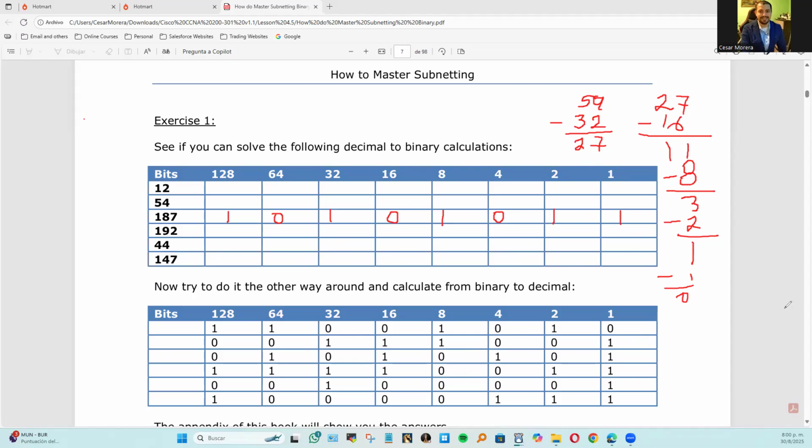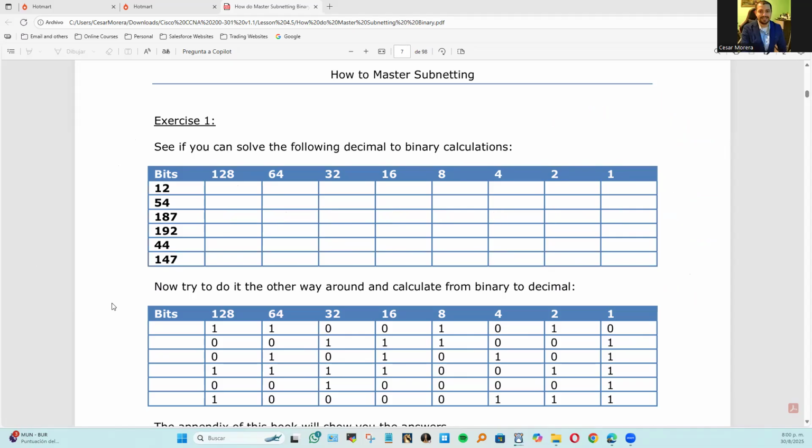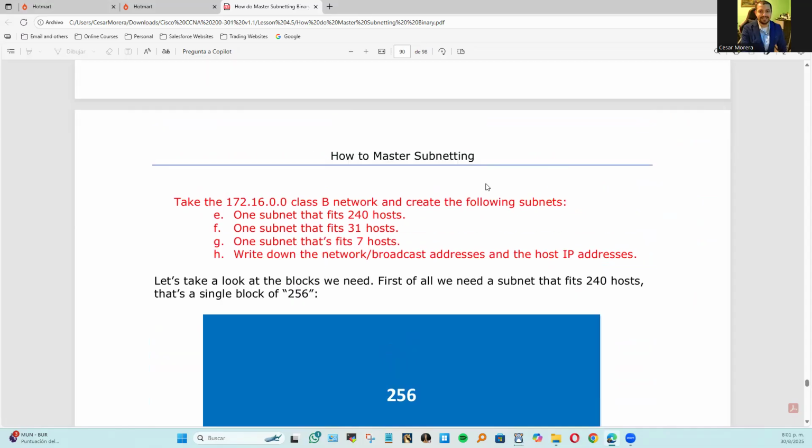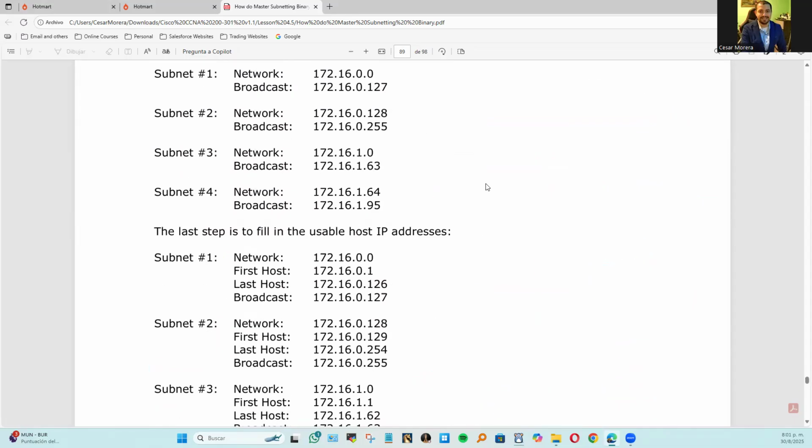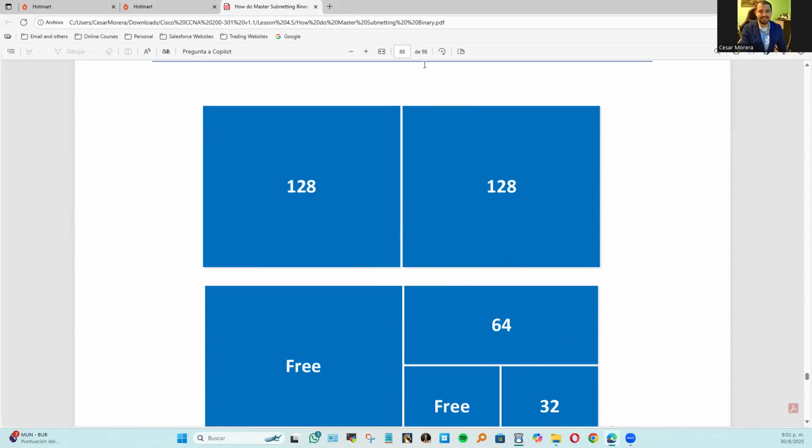Validate at the end. I don't know if there is a section at the end of the book so you can see the correct answers for these. Let me look it up real quick. Let me just clear the drawings. And let me see if maybe on page 90 or more, you can see the validation for this. Let me see, maybe 89.